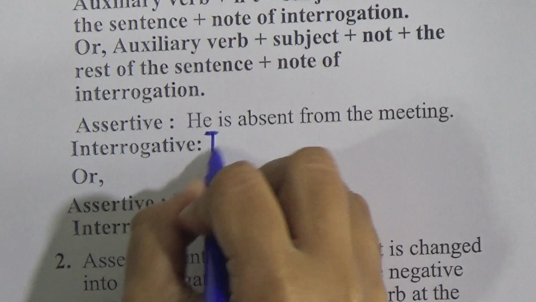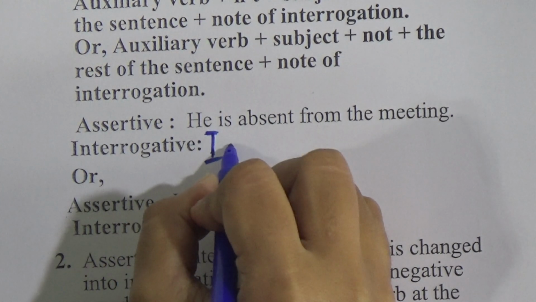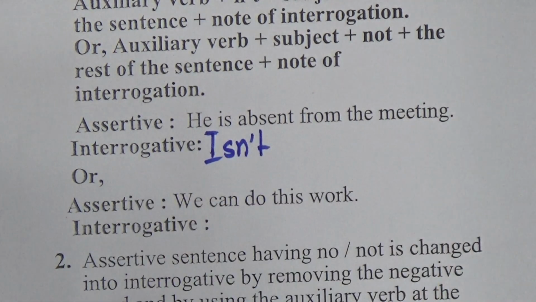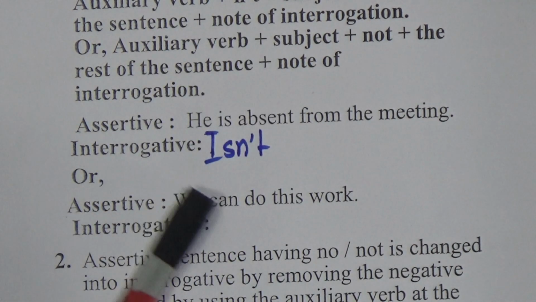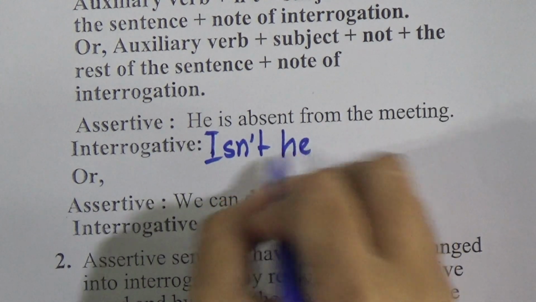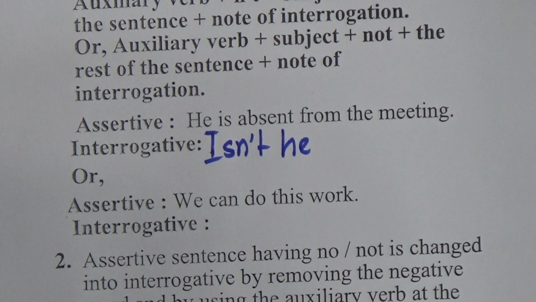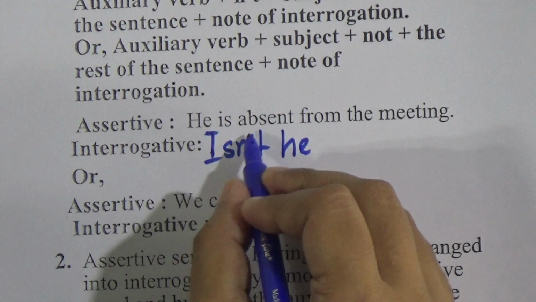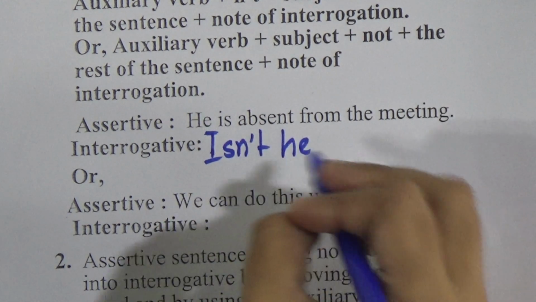Is is our auxiliary verb. Then the short form of not, isn't, then the subject. Which one is the subject? He is our subject, so we write here: Isn't he. Then the rest of the sentence, absent from the meeting.